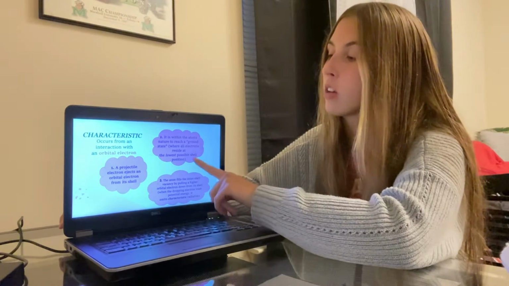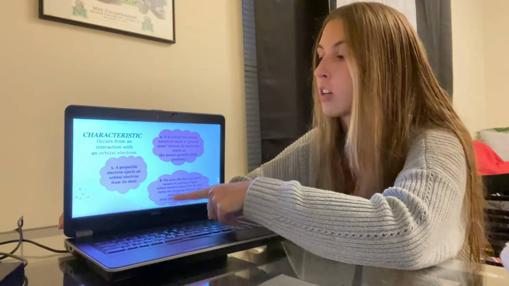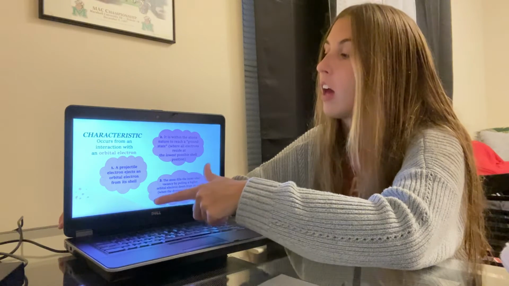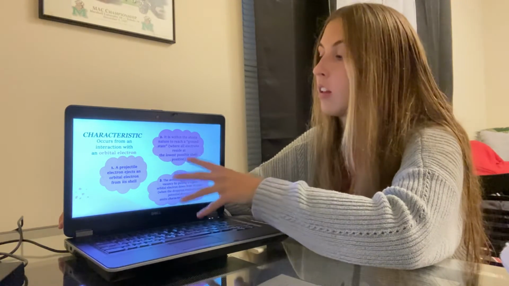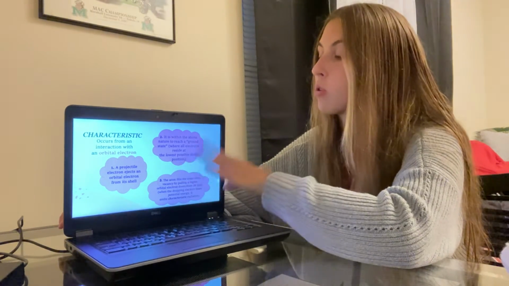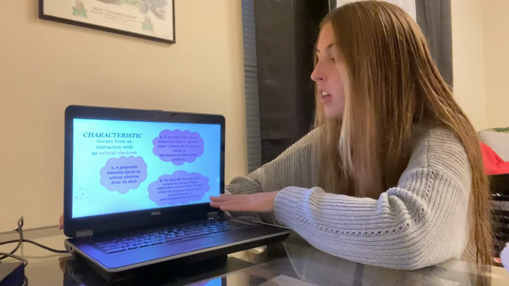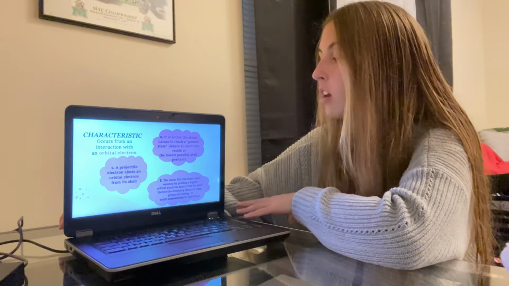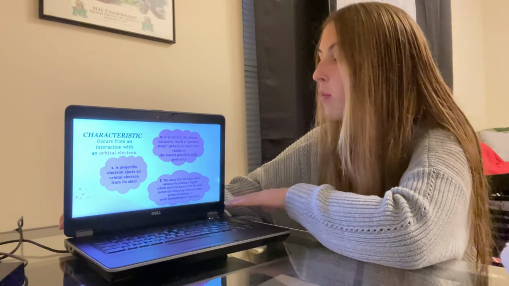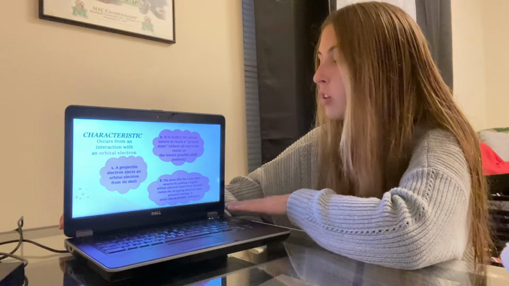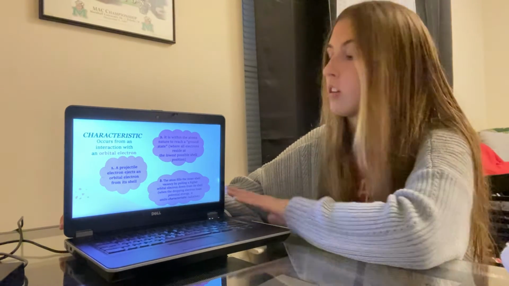So when this projectile electron hits, it's knocking an orbital electron out of its shell, and it's disrupting that atom's orbital electrons. So the atom will try to fill the inner shell vacancy by pulling a higher orbital electron down from its shell. And when the dropping electron loses that potential energy, it emits characteristic radiation.